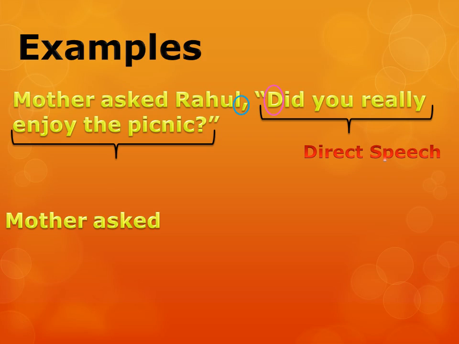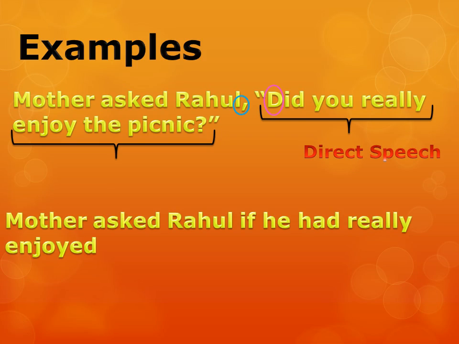Coming to another example. Mother asked Rahul if he had really enjoyed the picnic. Now, in this example, we clearly see that the comma and inverted commas are not used. No capitalization is there in the middle of the sentence. And here we have used the conjunction if to join the sentence with the speech.